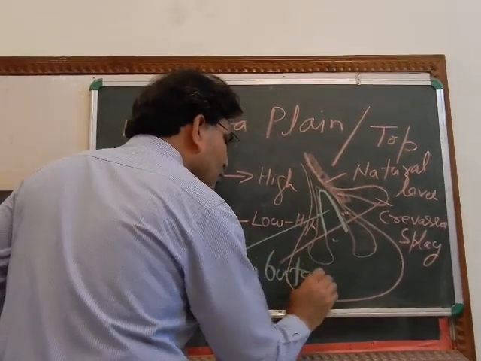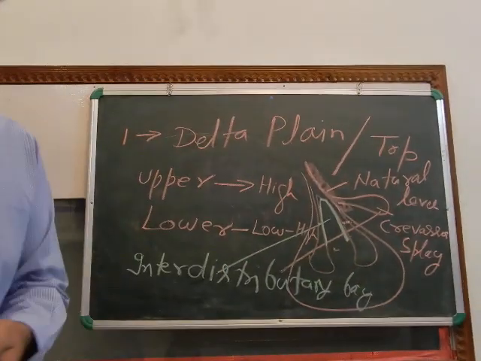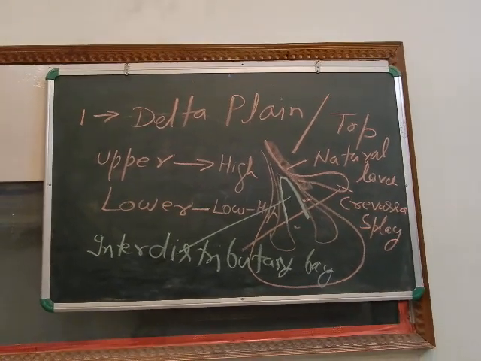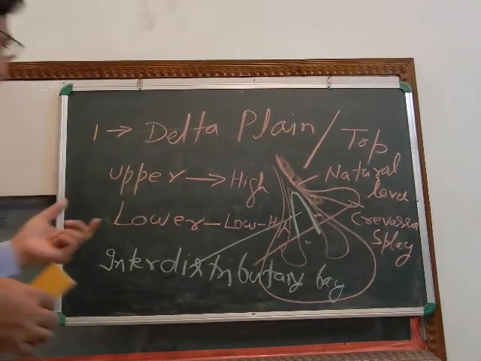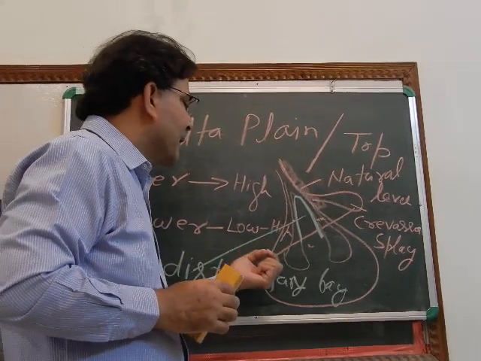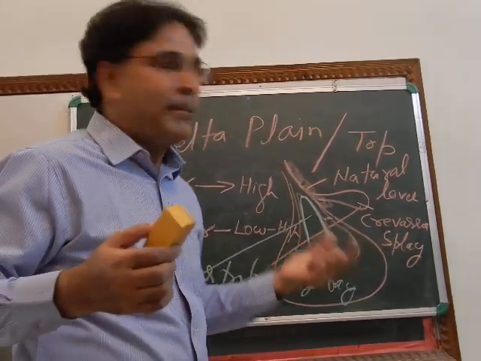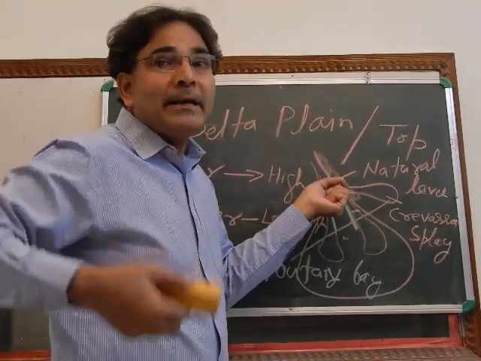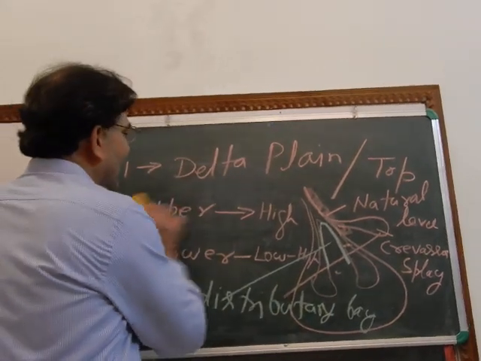All these things are the delta plain region, and they form the delta top, which is characterized by a low energy environment and by brackish water. Brackish water means water which has salinity more than the river but less than the ocean. So this is about the delta plain.